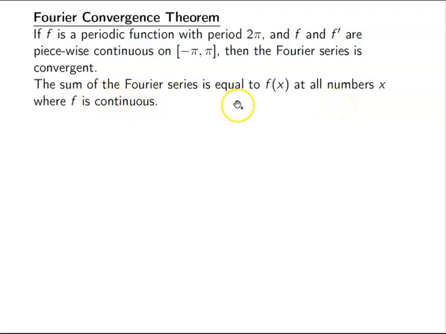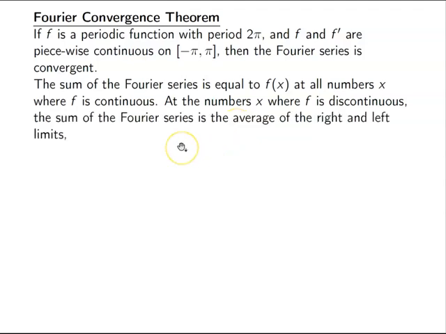The sum of the Fourier series is equal to f of x at all numbers x where f is continuous. At the numbers x where f is discontinuous, the sum of the Fourier series is the average of the right and left limits.